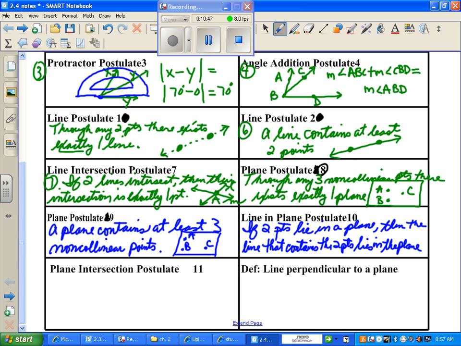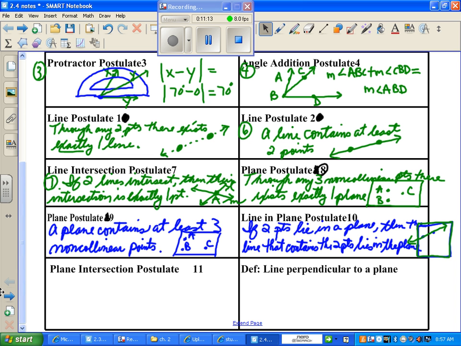Okay, not a whole lot of room for a picture, but here I have 2 points lying in a plane. Here are my 2 points, and here's my plane. If I have 2 points, there exists a line. That line also is going to lie in this plane. So if 2 points lie in a plane, then the line that contains those 2 points lies in the plane. Not a big step here.